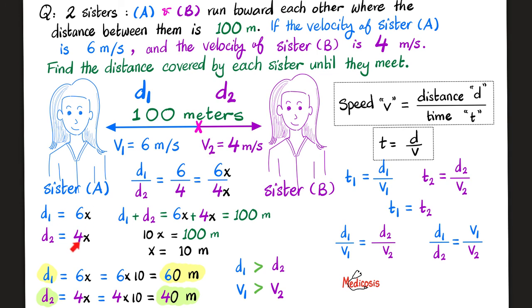I know that 6x plus 4x equals what? Equals 100. So if 10x equals 100, then what's the x? Each x is 10 meters. Therefore, distance 1 is 6 times 10 or 60 meters, and D2 is 4 times 10 or 40 meters. And that's another way of solving this problem.